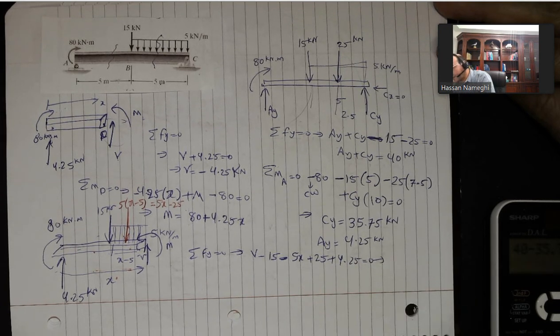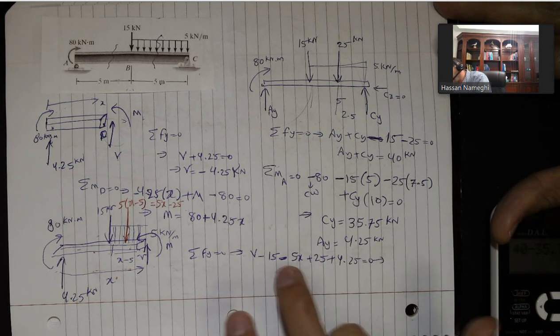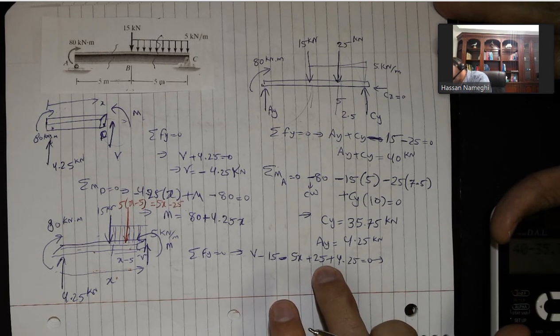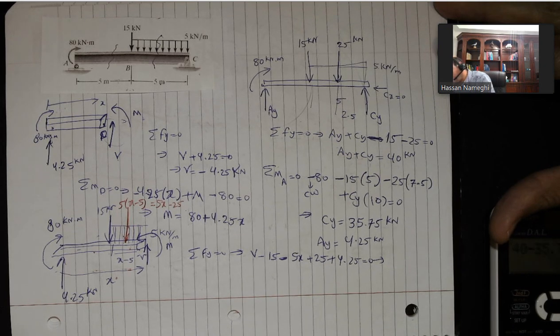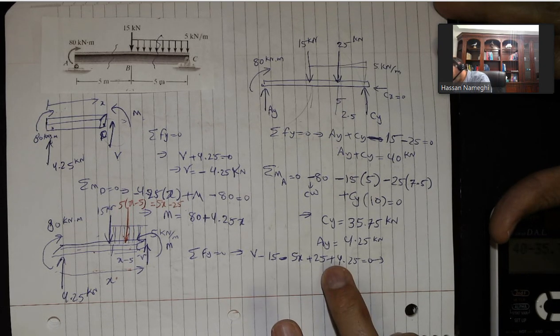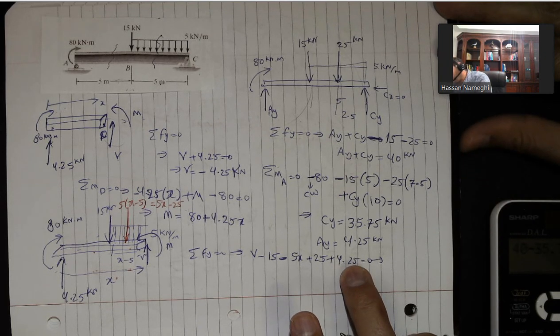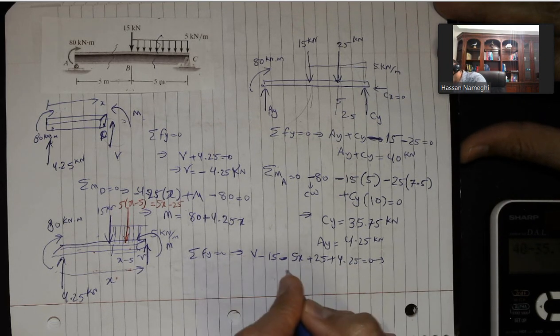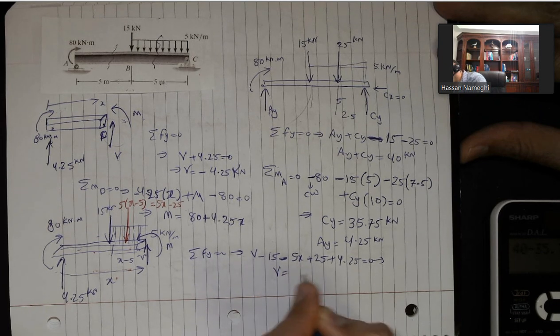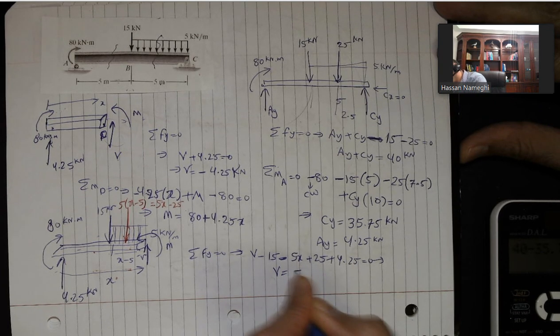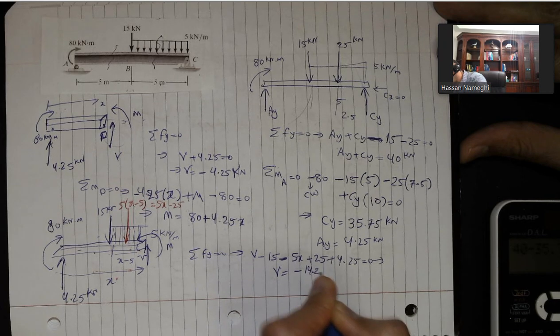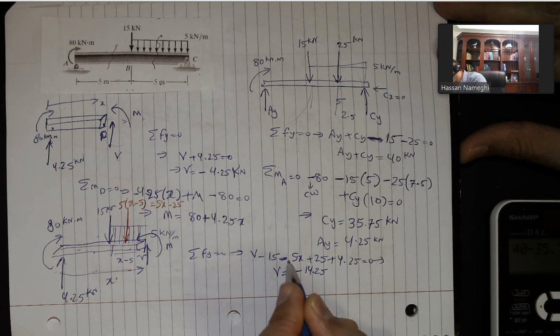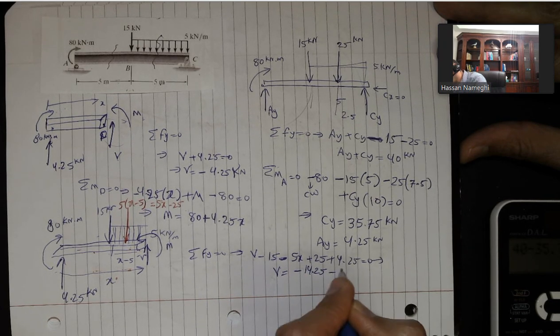If I simplify this, I'm going to get 4.25 plus 25, and then we have a 15 there, so this will be 10. So 10 plus 4.25 will be 14.25. So V will be equal to minus 14.25 minus the 5x.